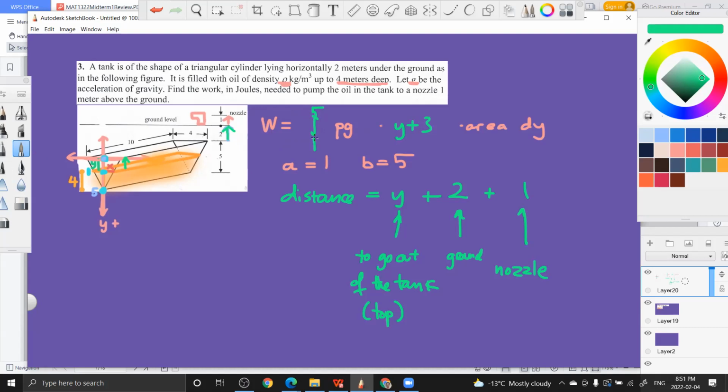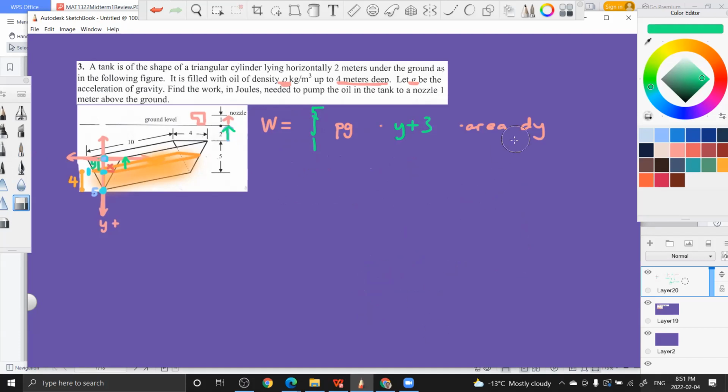And now we're gonna find the area. One question in the chat: wait, so why are the bounds 5 and 1? It's very easy. We're bringing all of the oil out from here to here.